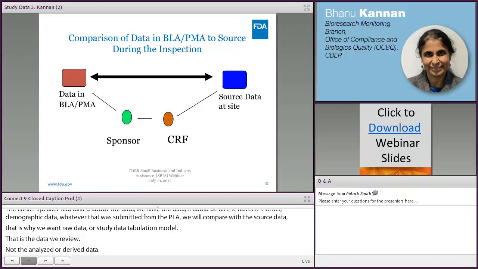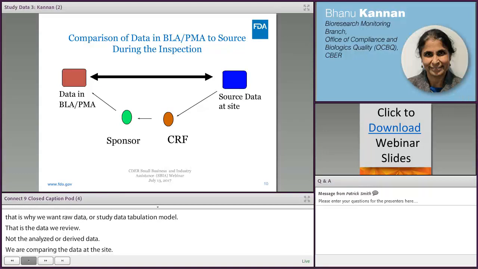And this raw data or source data at the site could be doctor notes, progress notes, nurses notes, or medical charts from the hospital. So we compare any of the source data with the data that was submitted in the BLA.